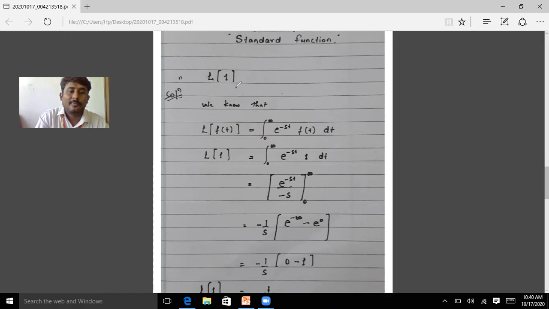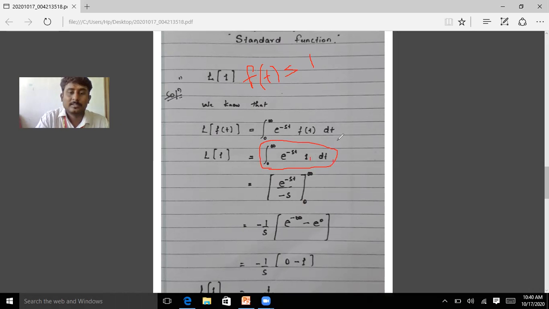Here the f(t) value is 1, so instead of writing f(t), we write 1. So the integral from 0 to infinity of e to the power minus st times 1 dt.